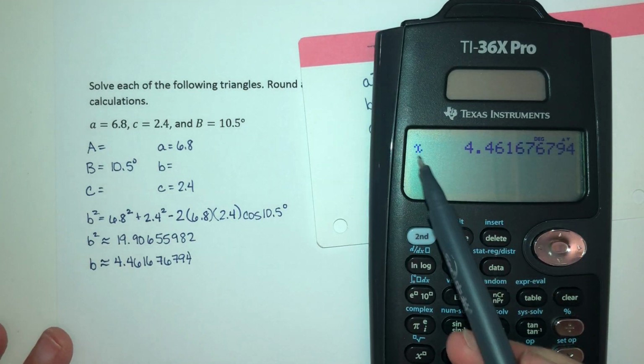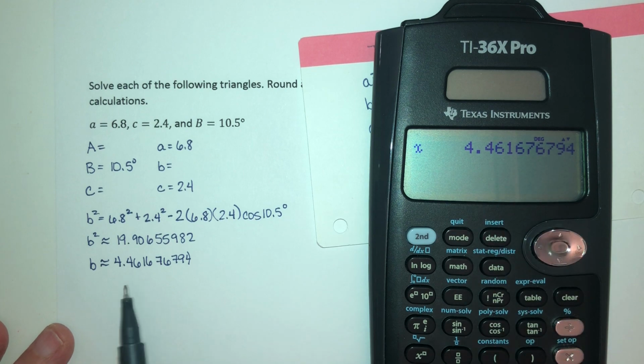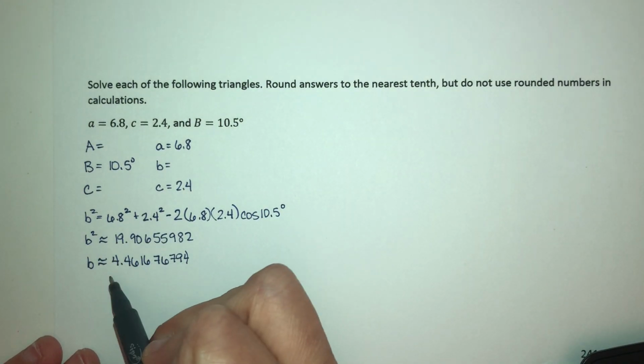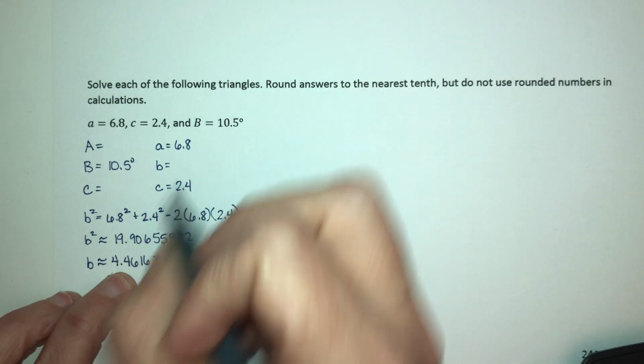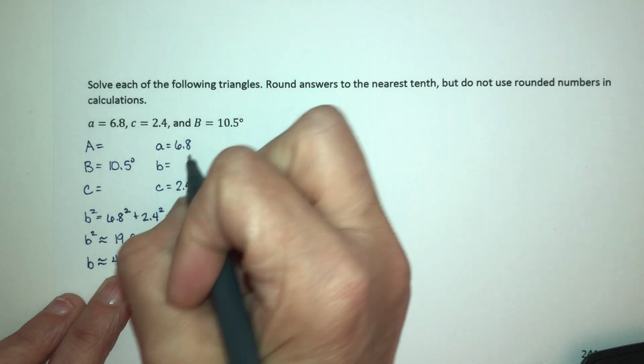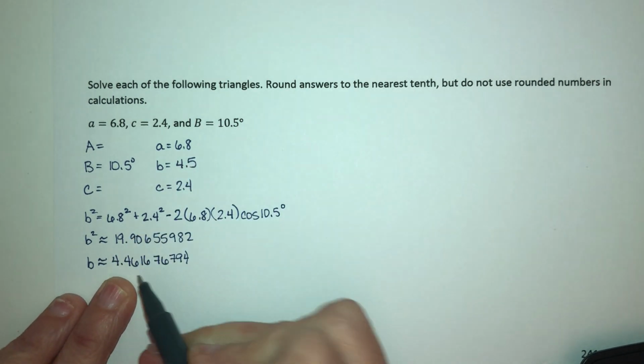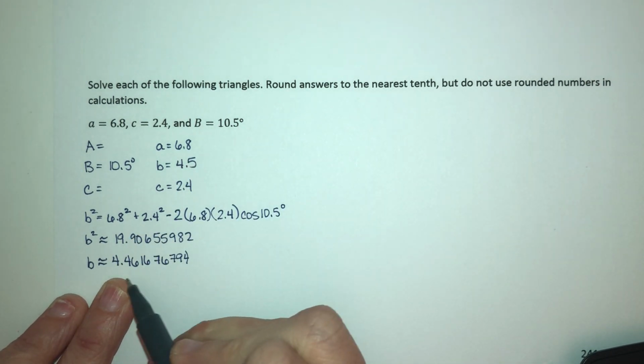So this memory is storing the exact answer for B. We are asked to actually round our answers to the nearest tenth. So when I go to enter my answer, I'm going to say that B is approximately 4.5. But for the rest of my calculations, I'm going to use this full value.